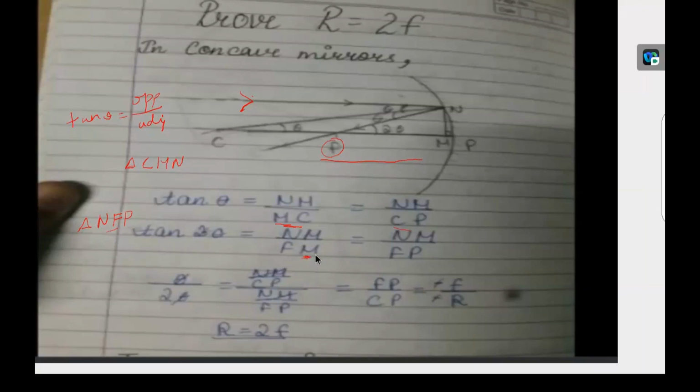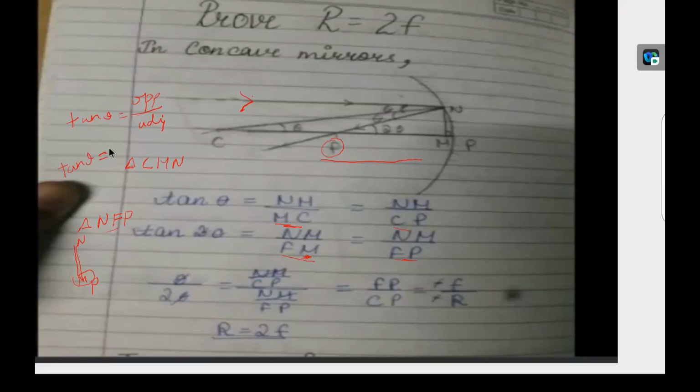Suppose M coincides with the pole of the mirror, we can take FM equal to FP. The perpendicular line we have drawn from N to M, if this point M coincides with almost P, therefore instead of M we have substituted P here. Now here we have tan theta and tan 2 theta, where the angle subtended is very small.